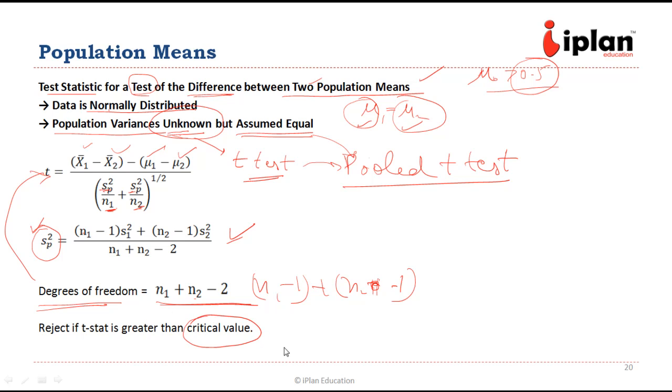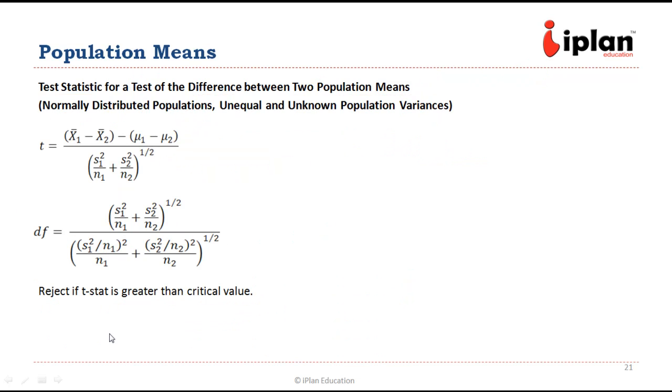Now for testing we will have a critical value coming from the level of alpha, the significance level. If our test statistic is greater than the critical value, we will reject the null hypothesis as usual. The same we are going to follow here. Now let us look at another case, a variation of the simple problem.